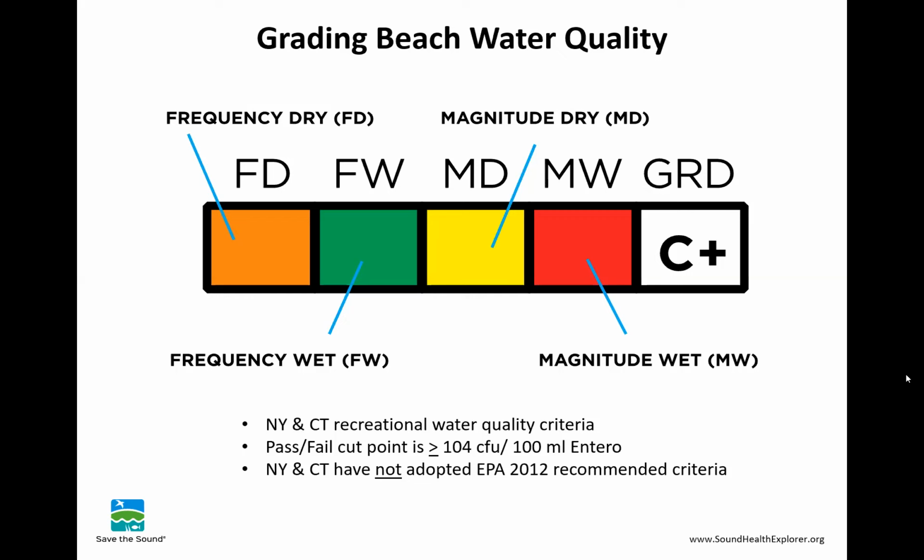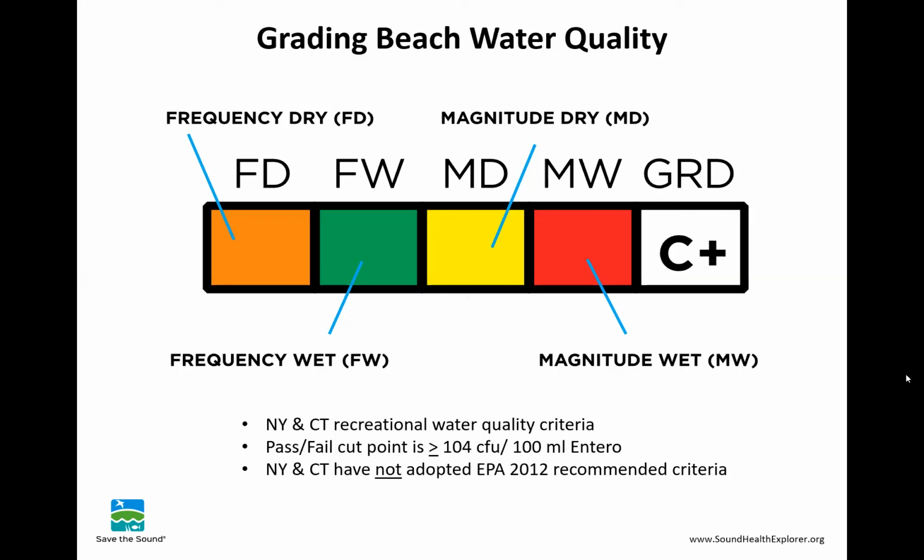We decided to do this because we noticed that a lot of the smaller beaches, little neighborhood beaches where they don't monitor very often, could have a low-level failure, maybe a 120 or even a 105, and see their grade drop the way the tool was designed before, as if they were a beach that had a failure of 1,500 or 2,400.